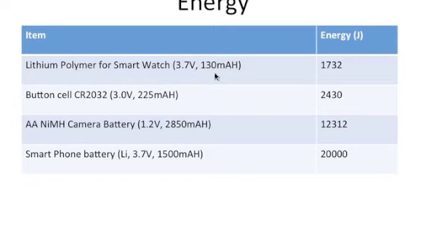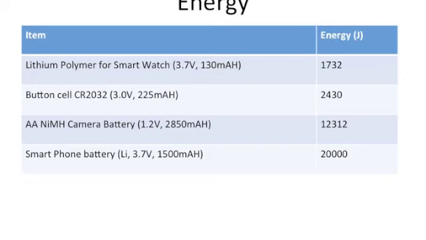Typically battery specs have these units of milliamp hours. Milliamp is current, hours is the unit of time, so the product is really charge. So that many coulombs of charge is there, and charge times voltage gives you the energy stored in the battery.